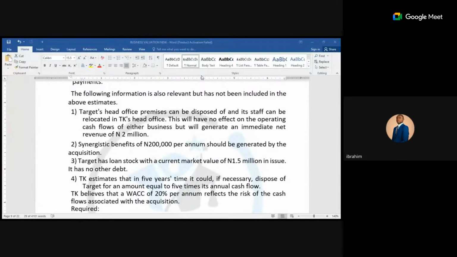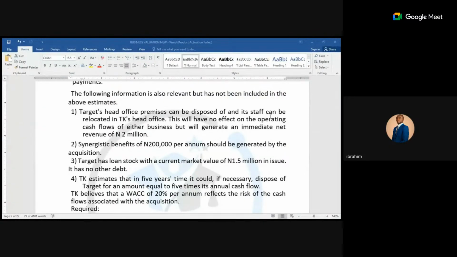Plus, TK believes that a WACC of 20%, don't forget, class, WACC is the weighted average cost of capital, is that not so? It considers the sources of finance, both equity and debt.